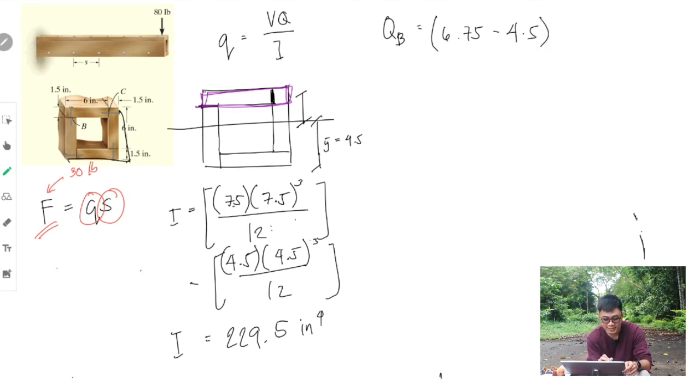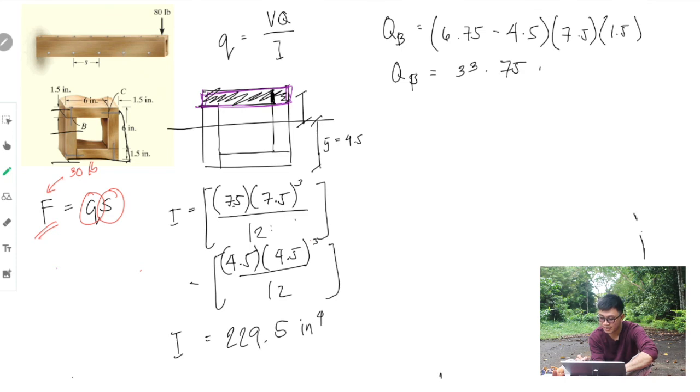Right? Because 6.75 is from the base, minus the neutral axis. 6.75 minus 4.5 and multiplied by your area, which is again this area. So that is 7.5 multiplied by the thickness of 1.5. And therefore, your QB is 33.75 inches to the cube.